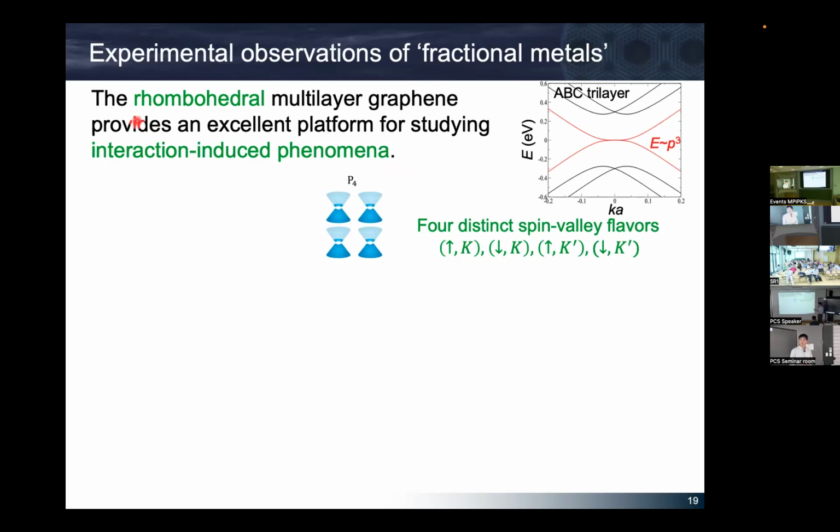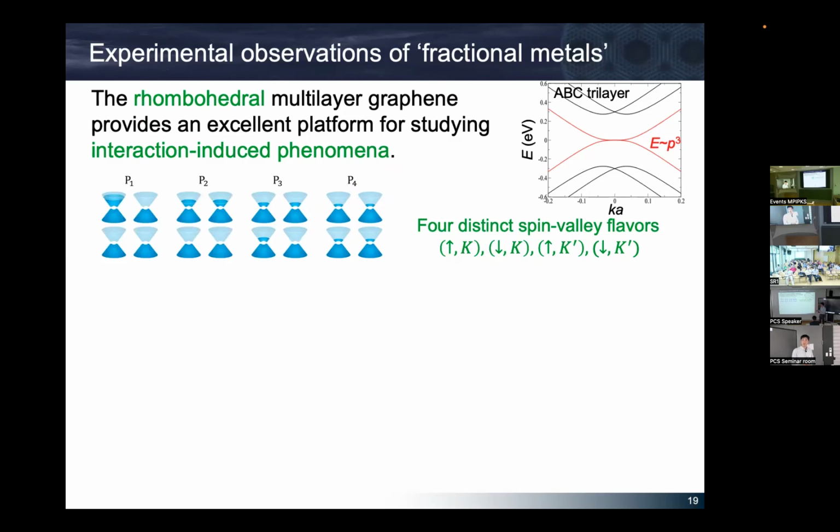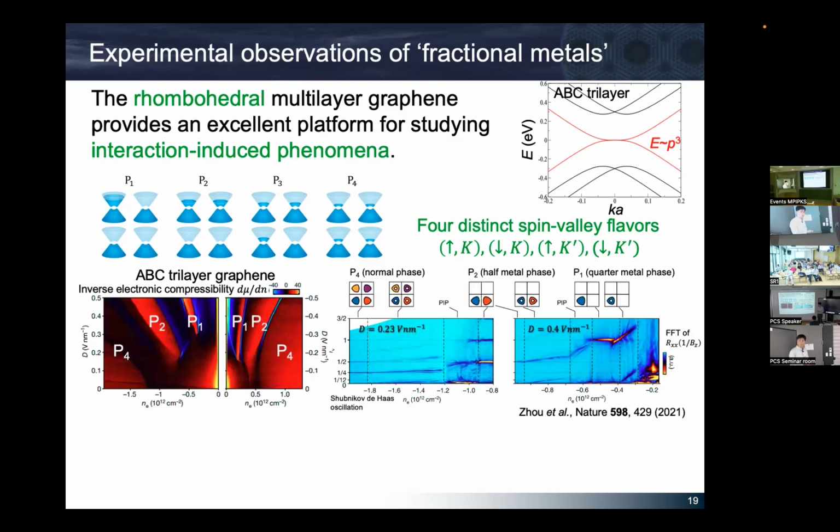This is a configuration where we carrier dope the system and all four flavors are evenly occupied, whereas P1, P2, P3 represent systems where we only fill one of the spin valleys, or only two of them or three of them. And depending on how we spin valley polarize the system, we will get completely different Hall response.